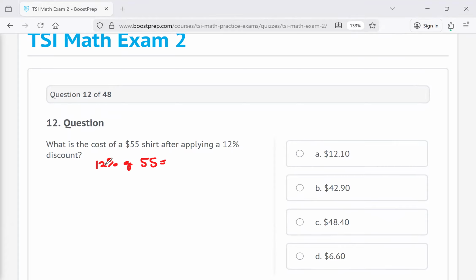So 12% is the same thing as 0.12, and of means multiplication. I get 6.6. Obviously it's going to be cheaper than 55 because you are applying a discount. So it would be 55 minus 6.6, and you get 48.4.